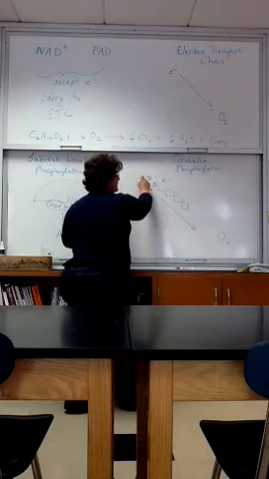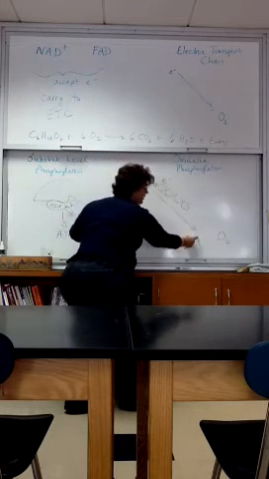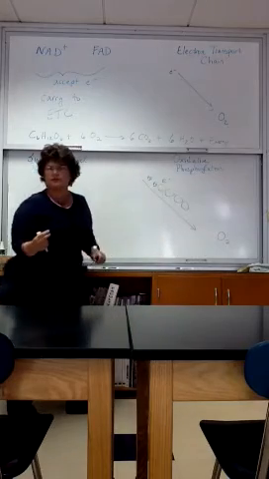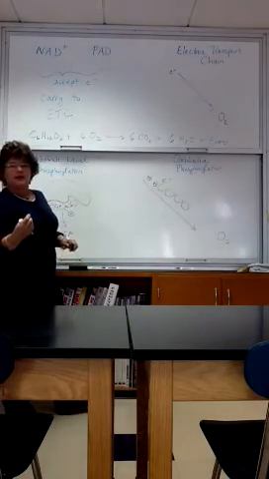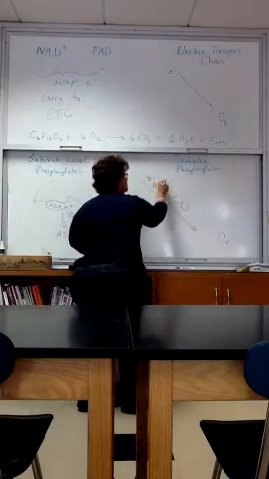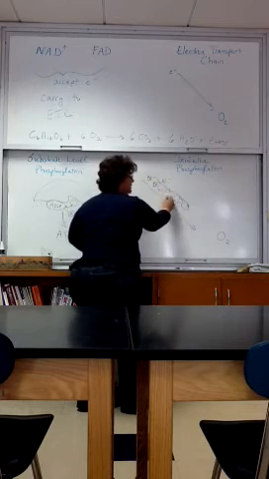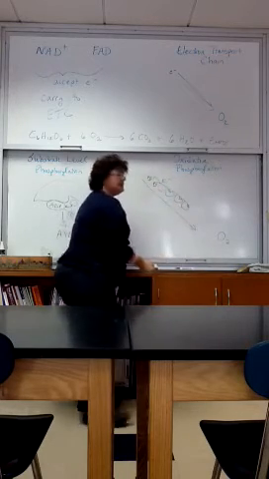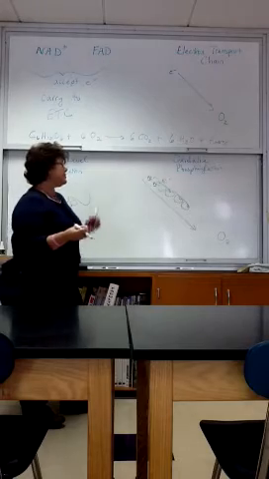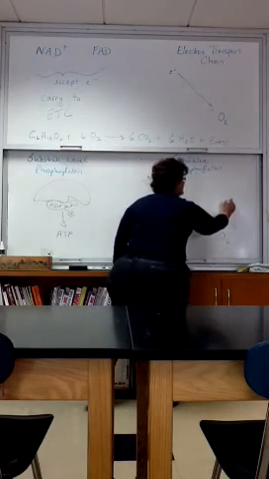But if the electrons just transferred from a high energy state to a low energy state in one explosive reaction, it would not be an efficient way to harvest this energy. So the electrons are transferred in this stepwise series from one molecule to another, each time releasing enough energy in order to produce ATP.